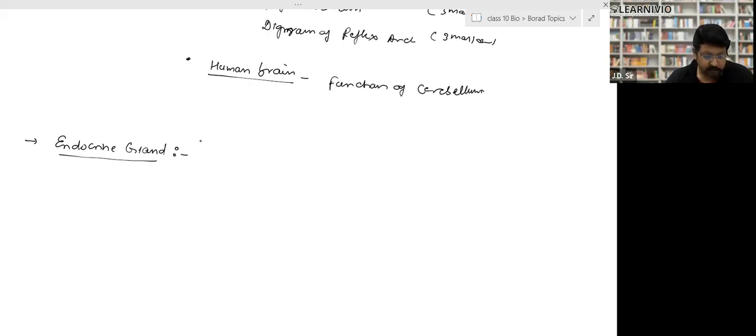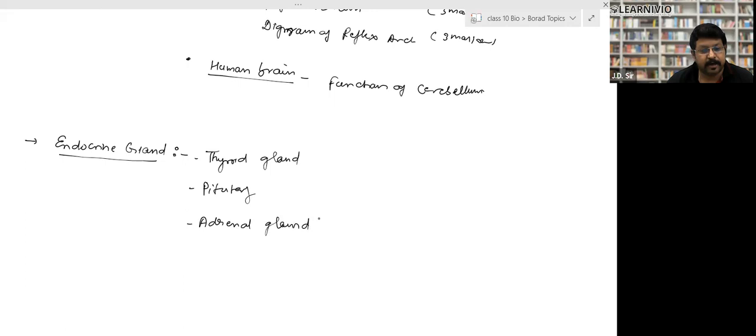When we ask about the endocrine glands, the most important glands they would love to ask you about are the thyroid gland, the pituitary gland, and the adrenal gland, or the function of the adrenaline hormone.